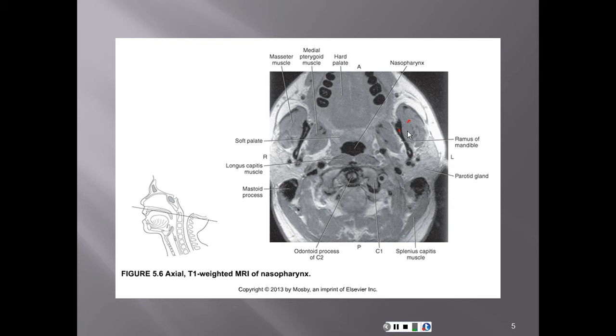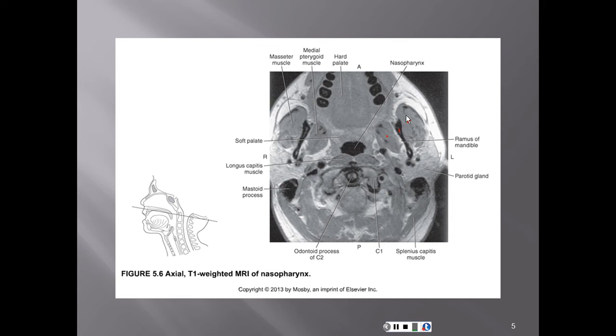That's the masseter muscle, and on the inside of the masseter muscle, it's the medial pterygoid muscle right there.